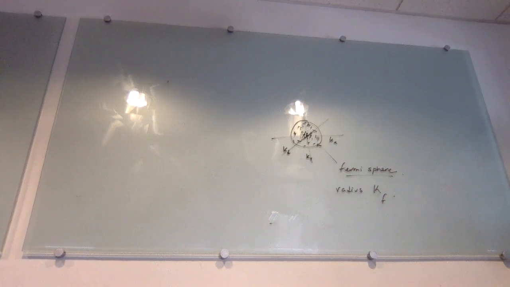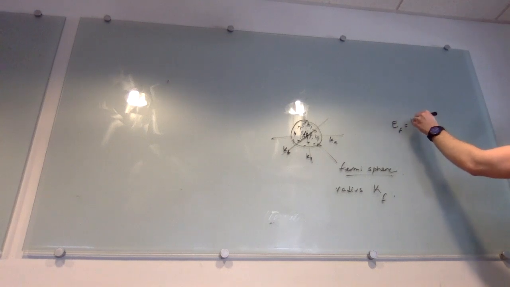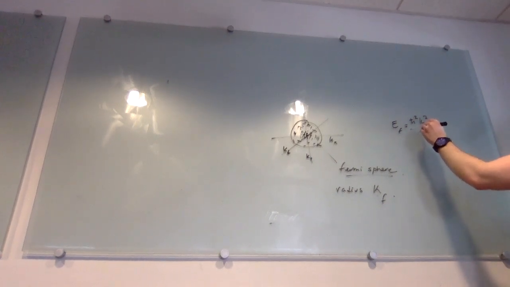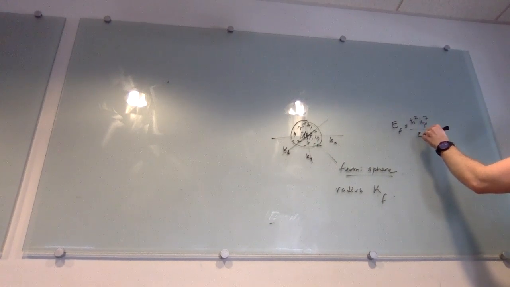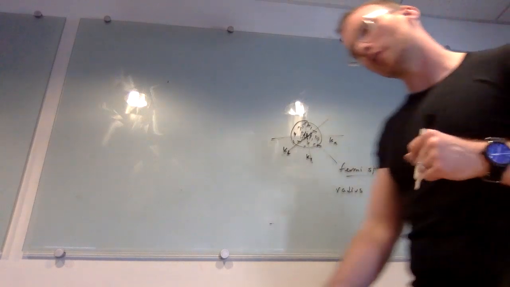And then E, the energy, is going to be h bar squared kF squared over 2m. Okay. I guess I have less to say than I thought.